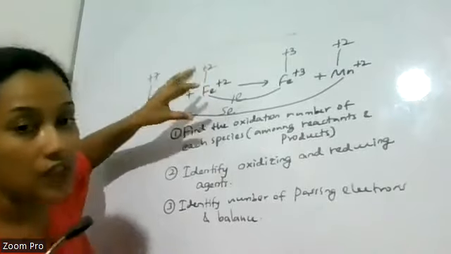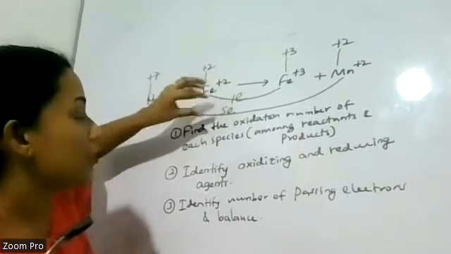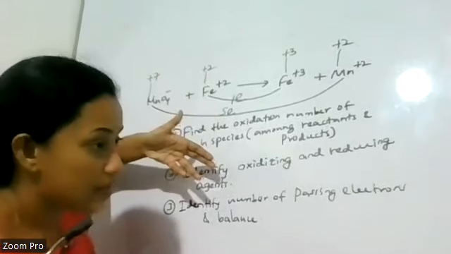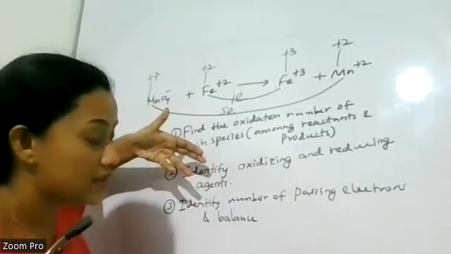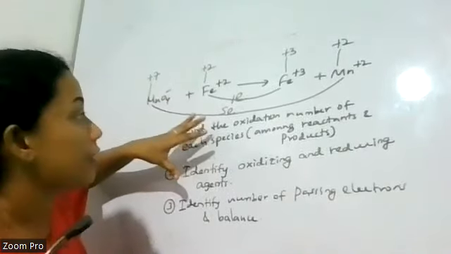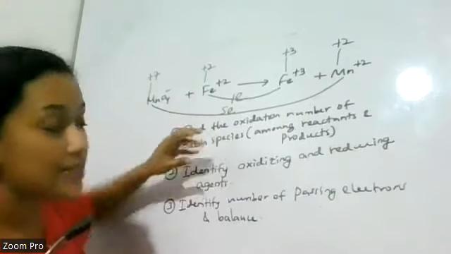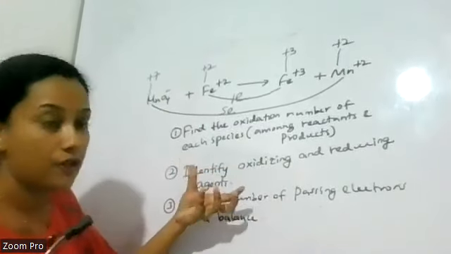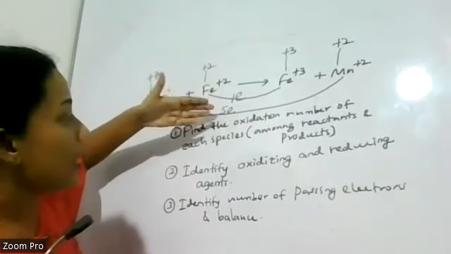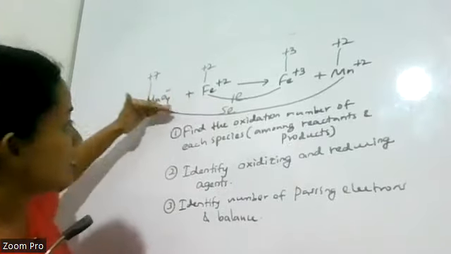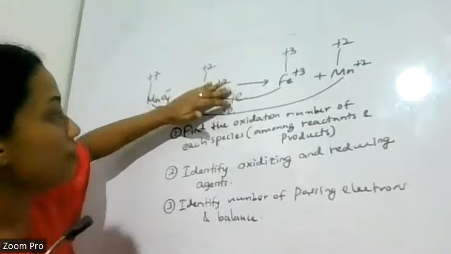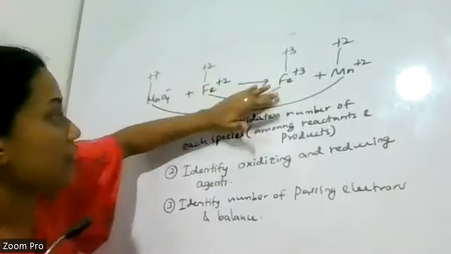Within a redox reaction, the oxidizing agent, that means the species in which the reduction takes place, should take all the electrons from the reducing agent. That means the number of electrons of this half reaction should equal the number of electrons of the other half reaction.